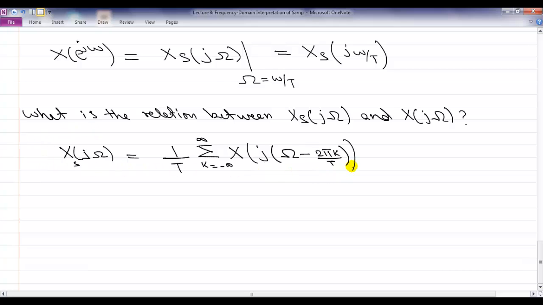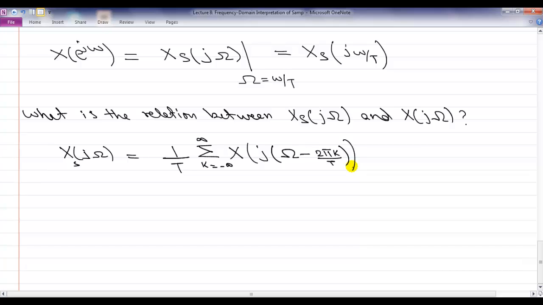How is xs related to the input signal in terms of frequencies? We get multiple copies of our input signal, and they are all scaled in amplitude by 1 over T.